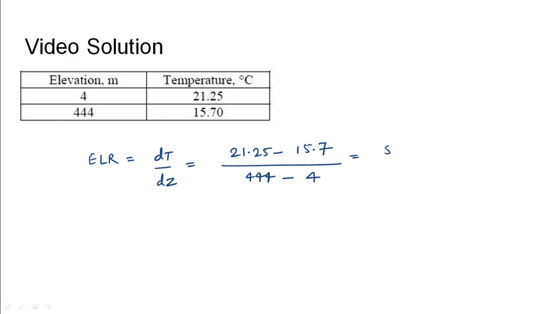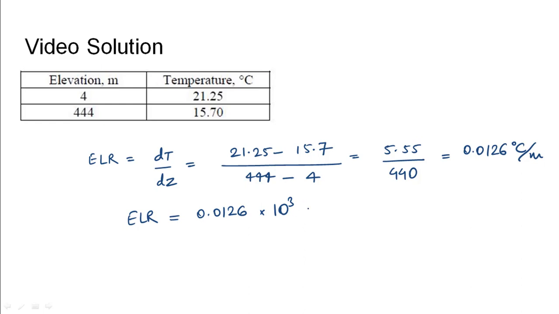So this would turn out to be 5.55 divided by 440, which would be 0.0126 degrees Celsius per meter, but we usually find ELR in degrees Celsius per kilometer. So we would multiply 0.0126 by 10 cube, which would come out to be 12.6 degrees Celsius per kilometer.